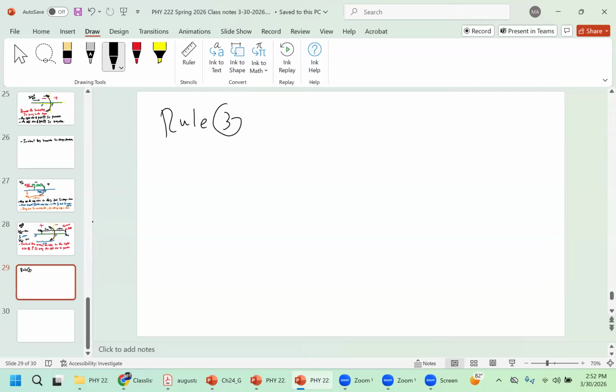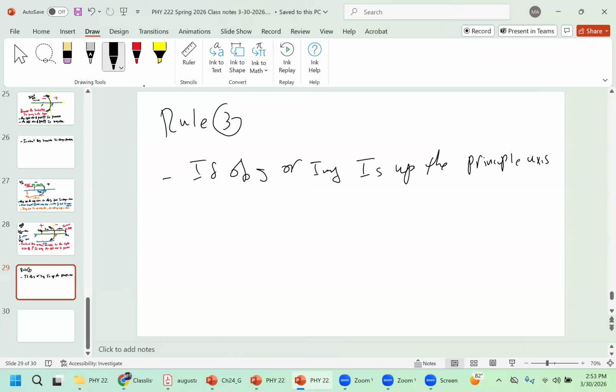Now, it says if the object or image is up the principal axis, then it is positive.